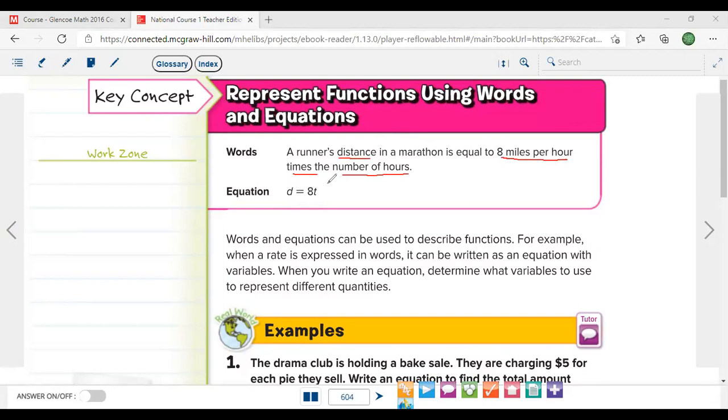So in words, that is the phrase. If you want to write it as an equation, distance equals 8 times t, such that t is the number of hours.